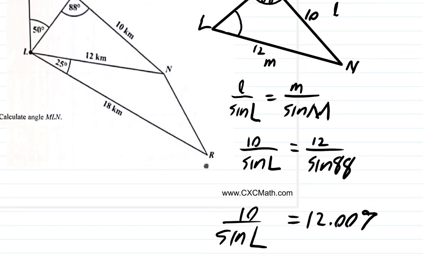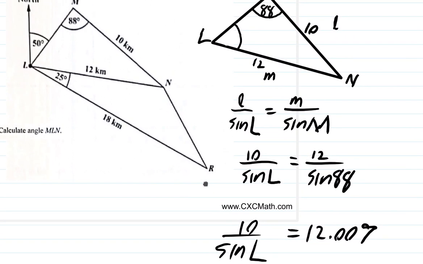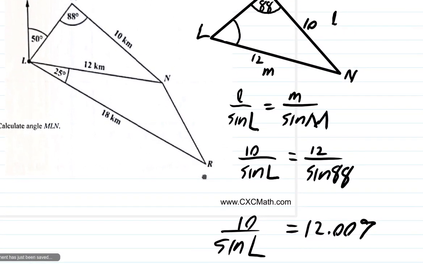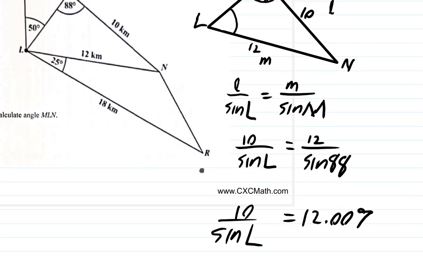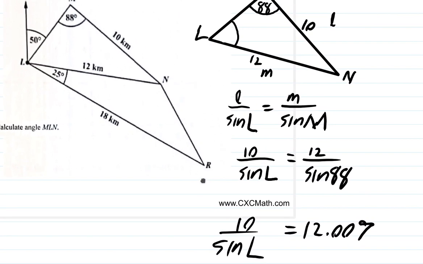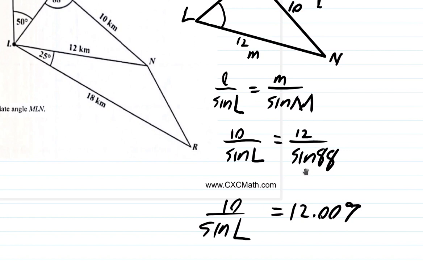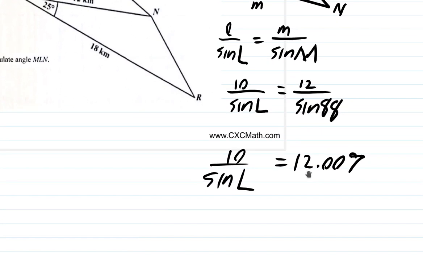It would be close to 12 too, because sine of 90 is 1, and 12 divided by 1 is 12. So the sine of 88 is slightly less than 1, so it's 12.007. Alright.